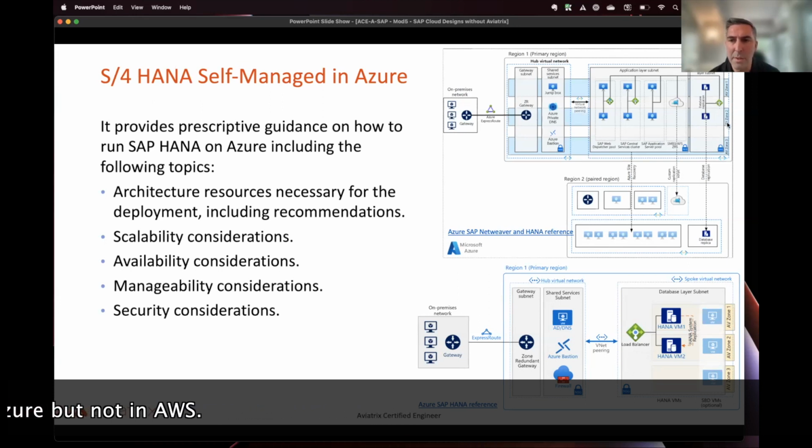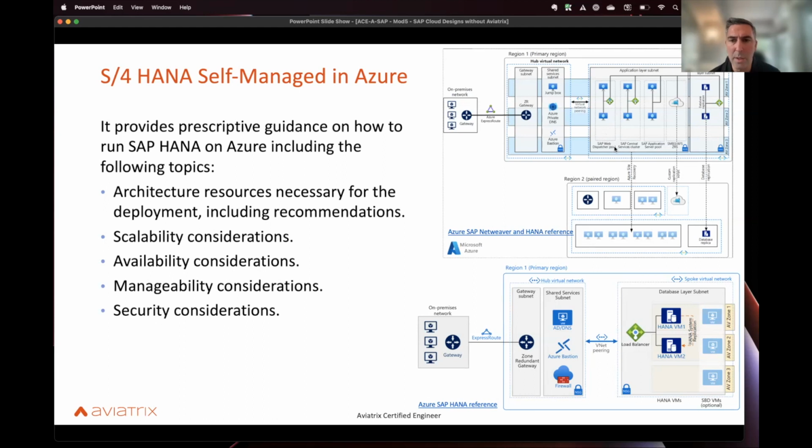So you have different zones, 1, 2, and 3, with various NSGs protecting and securing each of these pools or groupings. This gives you an example of the NetWeaver and HANA reference, and on the bottom right is a similar version, stripped down a little bit more, but effectively the same thing in a condensed view. And then included in that are the SAP HANA reference links.